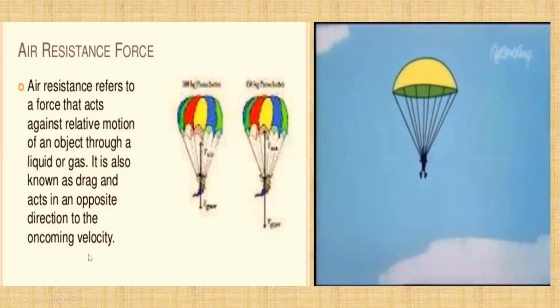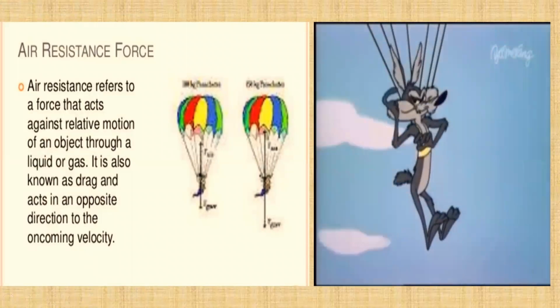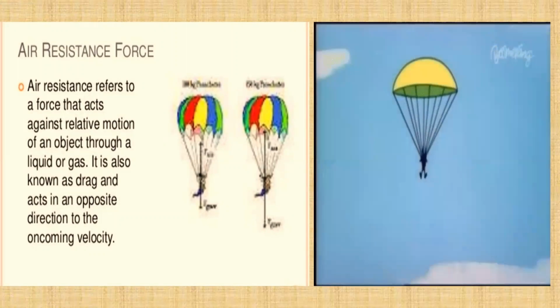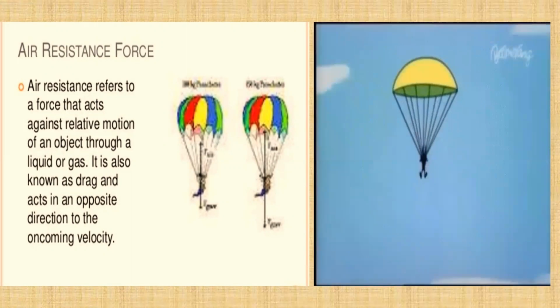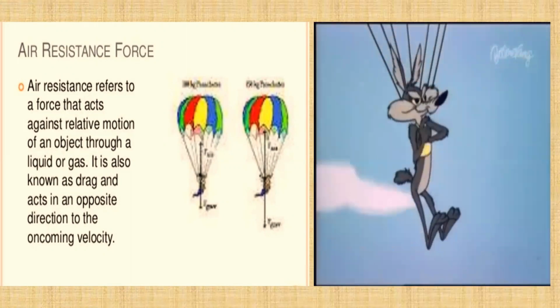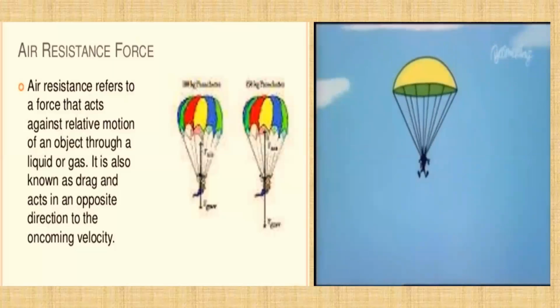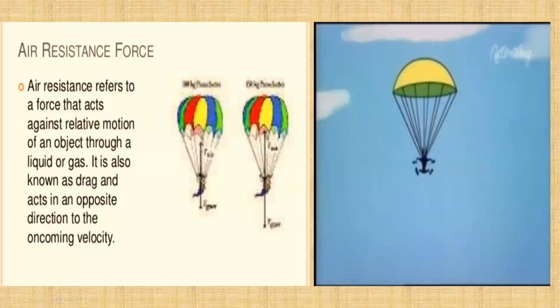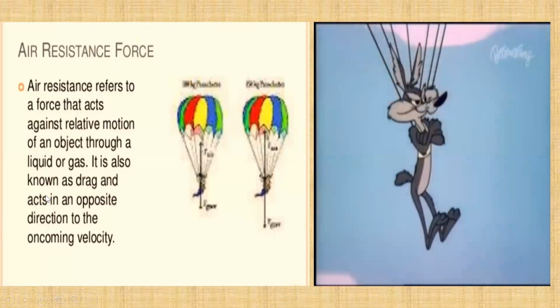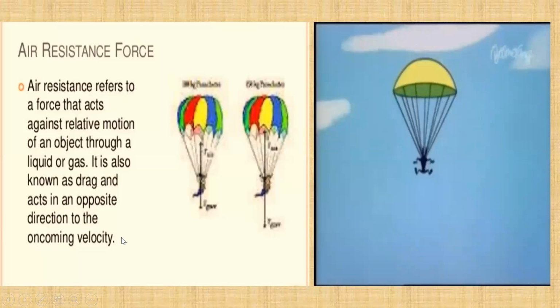Coming to what do you mean by air resistance? Air resistance refers to the force that acts against the relative motion of an object through a liquid or gas. It is also known as drag. It acts in the opposite direction to the oncoming velocity.